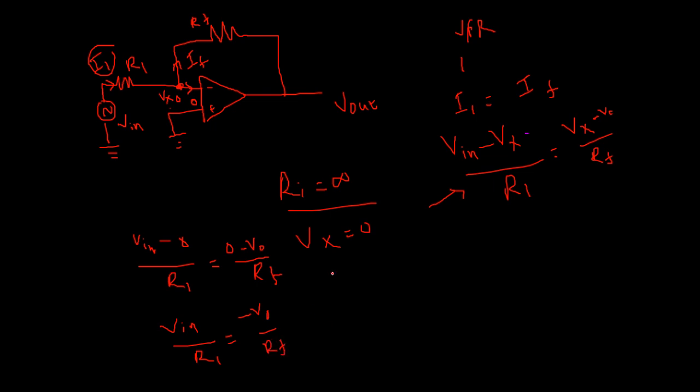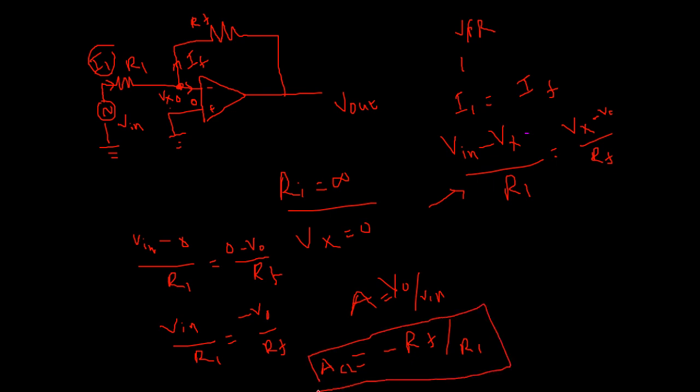We know that voltage gain is nothing but V out by V in. Rearranging the equation, you will get the closed loop voltage gain ACL is equal to minus RF divided by R1.